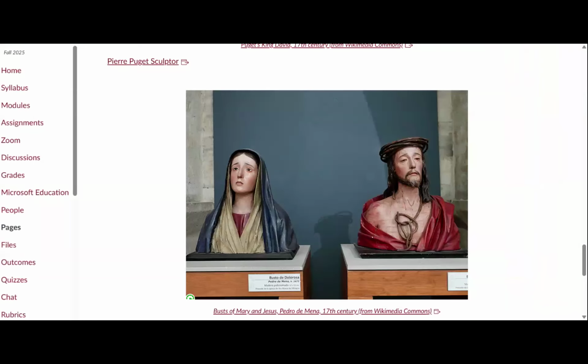There's a lot more energy and emotion, even though these are static. They are a lot more dramatic. Can you see that, Colton, as well? It just feels like there's more drama in the face.